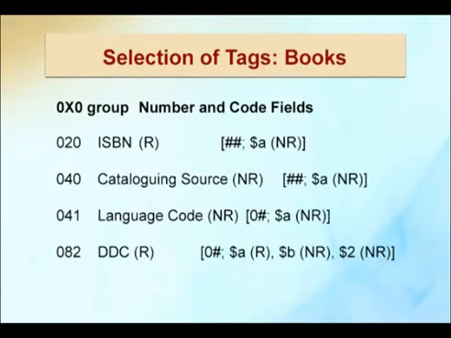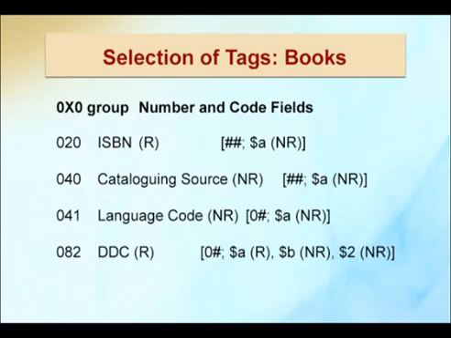And here on the right-hand side you can see the common values for the indicator positions. You already know there are 2 indicator positions in MARC 21, and these are the subfields under a particular tag. Say, for example, you are opting for books: 020 ISBN, and subfield A is the target subfield for your data entry activities.